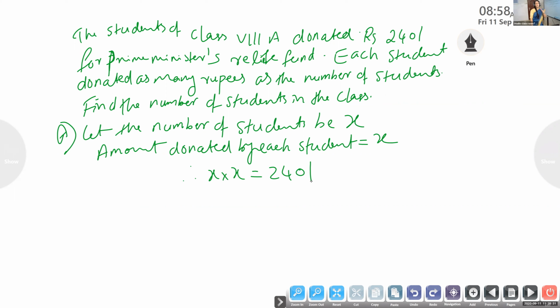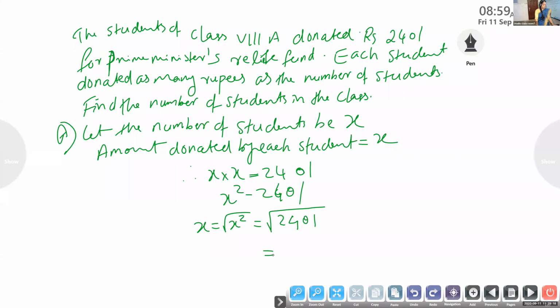The amount is 2401, so x into x equals 2401, or x square equals 2401. So x is the root of 2401.